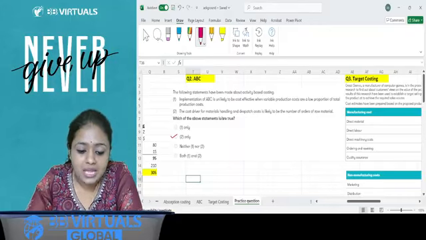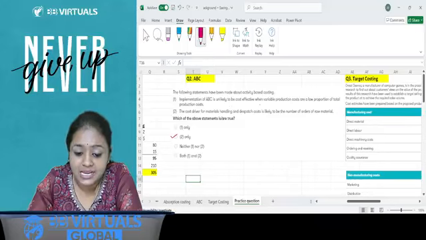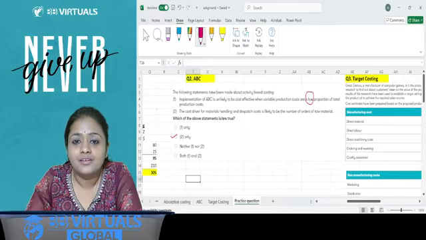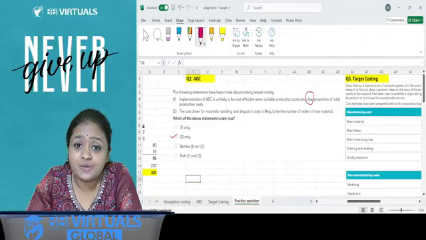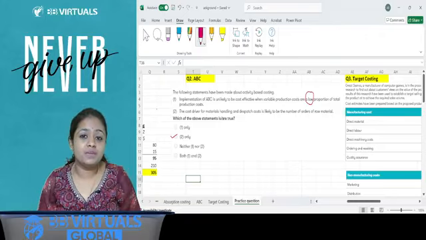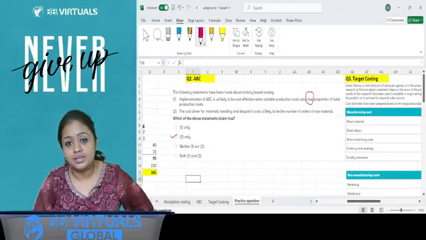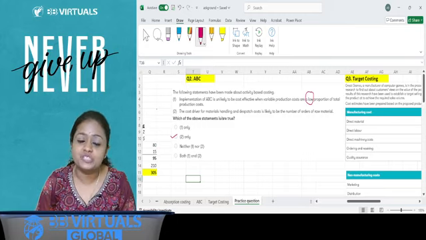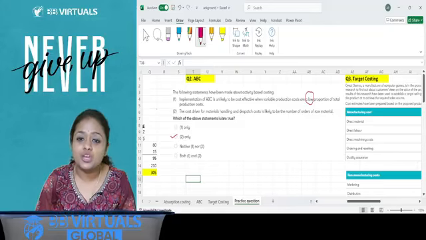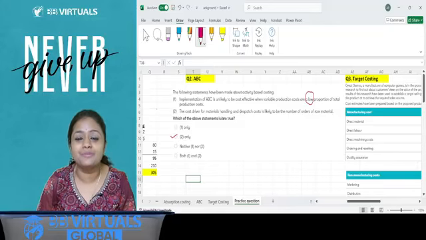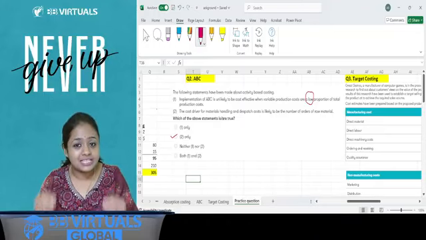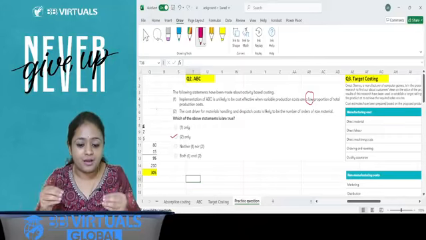What is given here? Implementation of ABC is unlikely to be cost effective if variable production costs are a low proportion. Which is, the statement itself is very wrong. Because if variable production cost is low proportion, that means my overheads are high proportion. So of course, when your overheads are high proportion, you would need more of ABC to make it more cost effective. So statement 1 is completely wrong. Statement number 2 is correct.